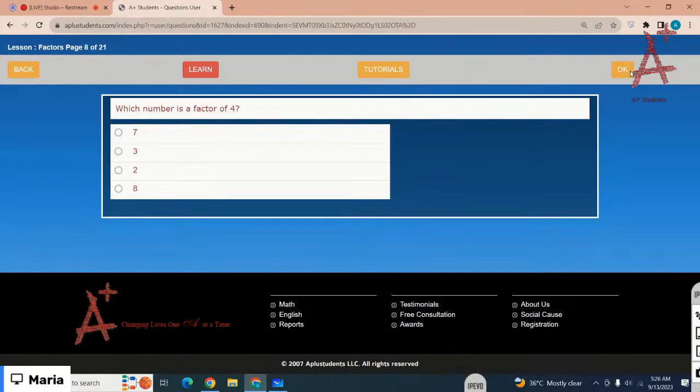Which number is a factor of 4? Yes, the factor of 4, very good, would be 2.